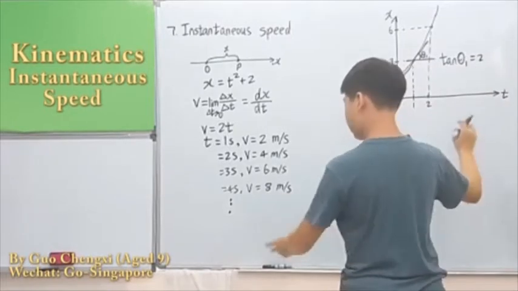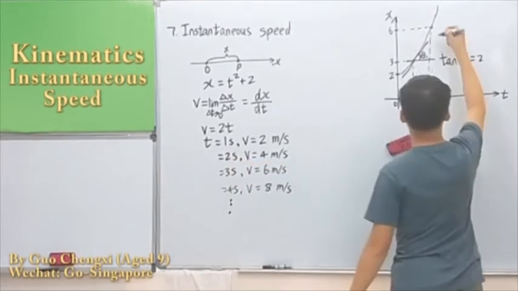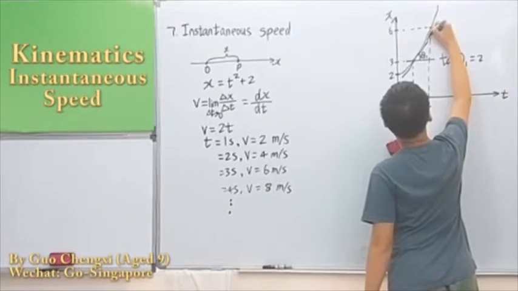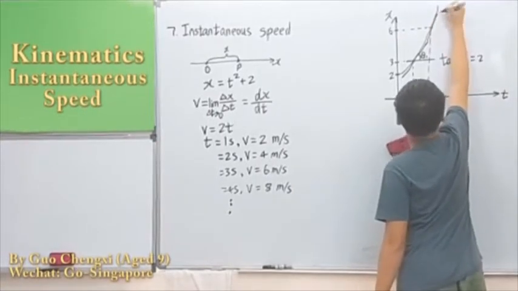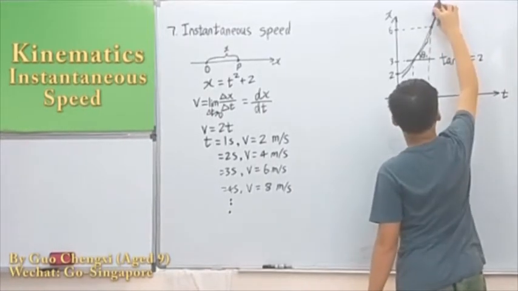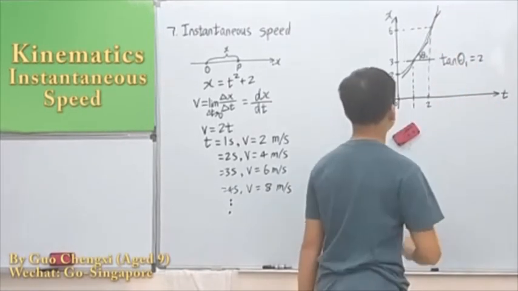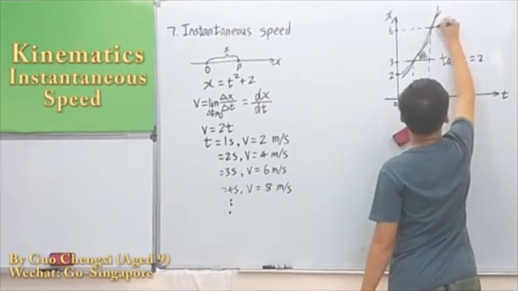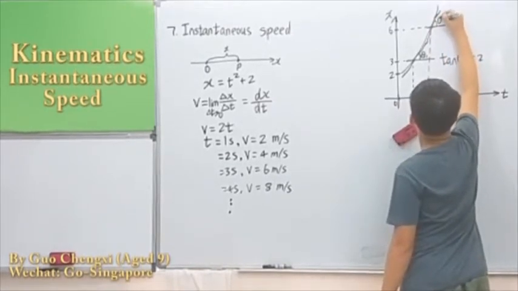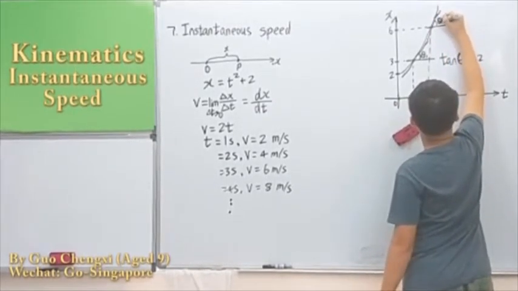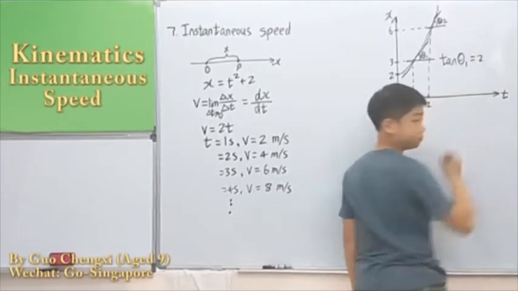Then how about for 2 seconds? Okay, for this part, it does not intersect anymore. Okay, like this. Then after this part, you call it theta 2. Like this.